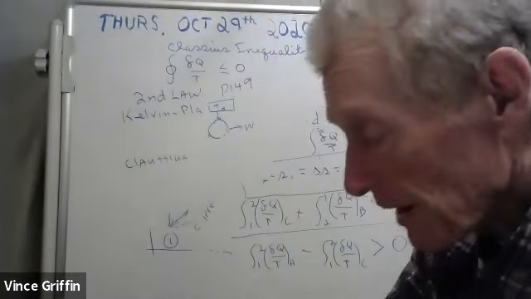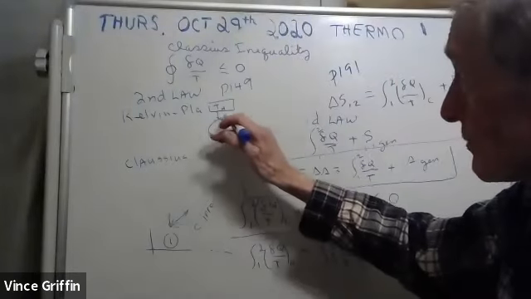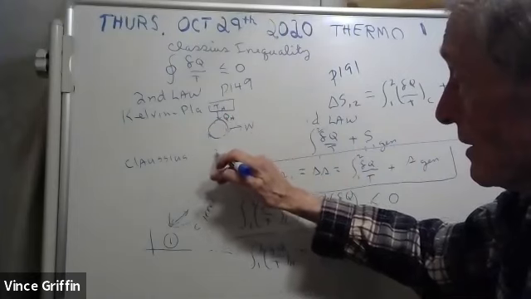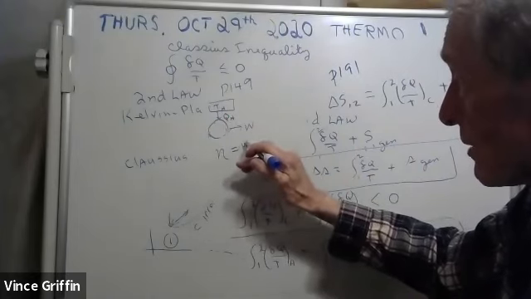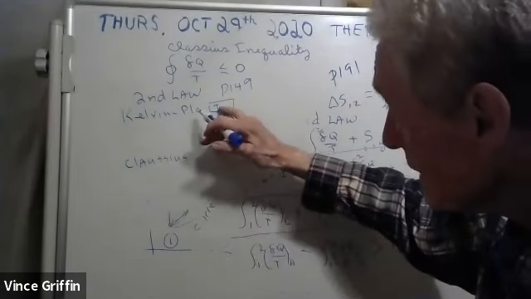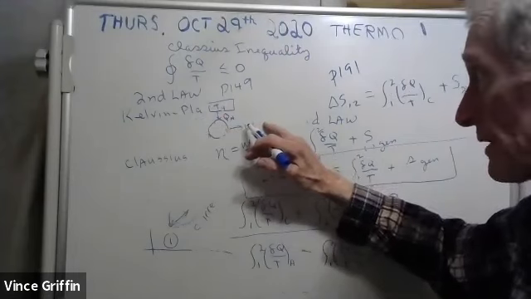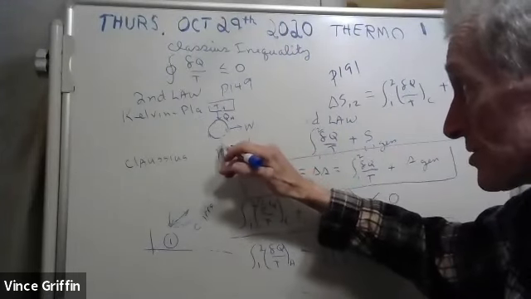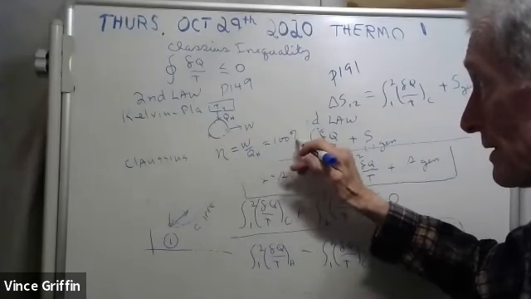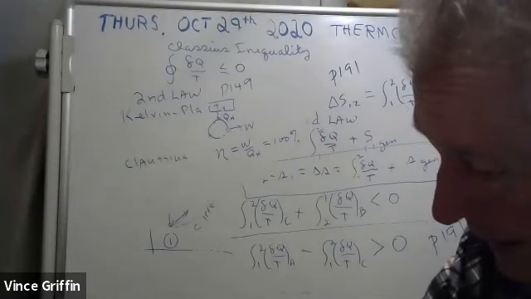If you had that, you'd have 100% efficiency, because the efficiency would be W over QH, and they would have to be the same. The energy transfer going in would have to equal the energy transfer going out, because there's no heat sink, and you would have a 100% efficient heat engine.